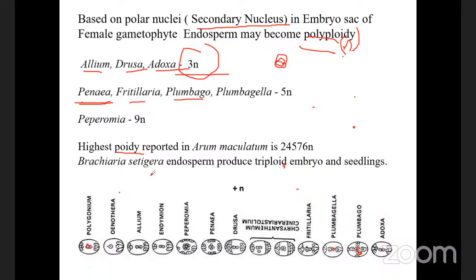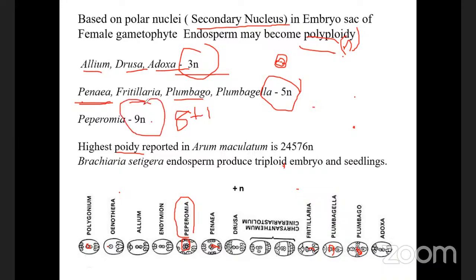Here you can see the 4 nuclei at the middle. Here also 4 nuclei, the polar nuclei. That's why 4 plus 1 second male gamete, so that it forms the 5N endosperm. Whereas in Peperomia, 8 nuclei are there at the middle. 8 nuclei plus 1 male gamete, so that a 9N endosperm is formed in Peperomia.